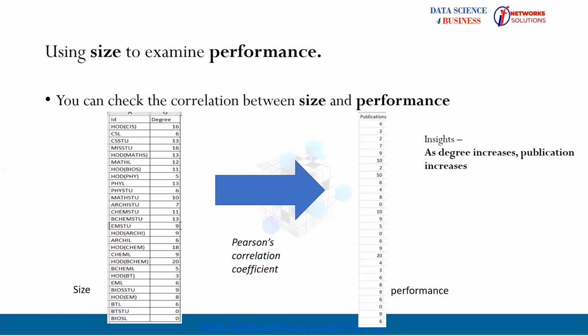And remember, our goal is to improve efficiency. So if efficiency has to do with having more publications, and we have seen that as degree is increasing, publication is increasing, then that means we have to look for how to increase the degrees of these individuals so that they will keep increasing their publications. That is just a simple example to illustrate what we're talking about.